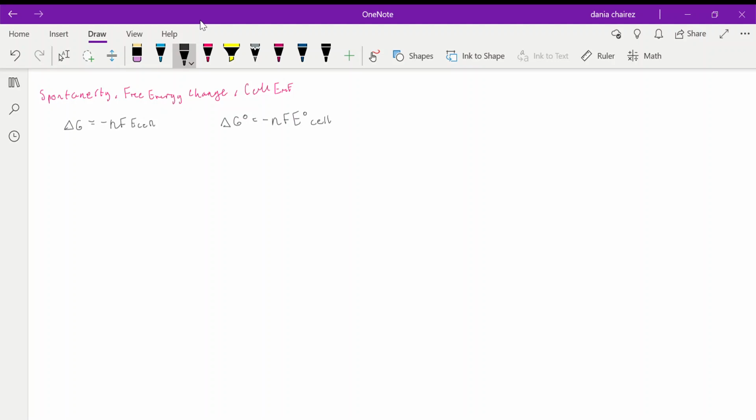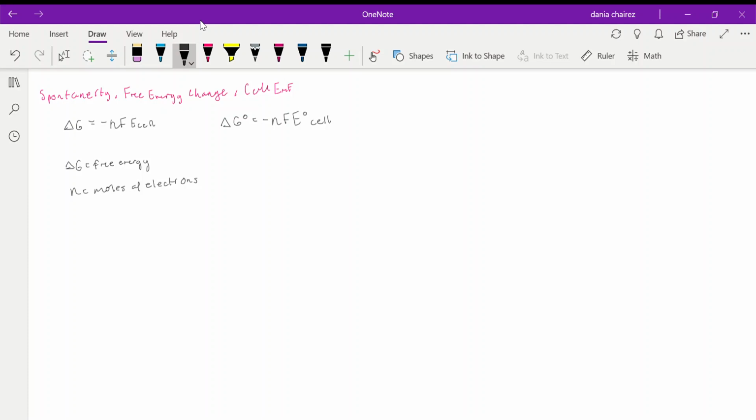And then your delta G is your Gibbs free energy. N is your moles of electron, so not to get confused with moles of something else, like moles of a different ion. The moles of electron just means how many electrons are moving in the thing overall.